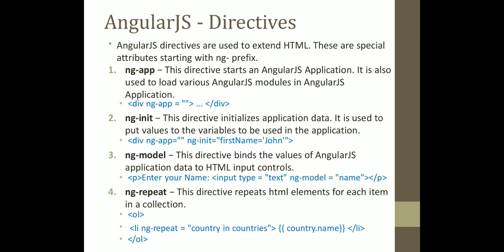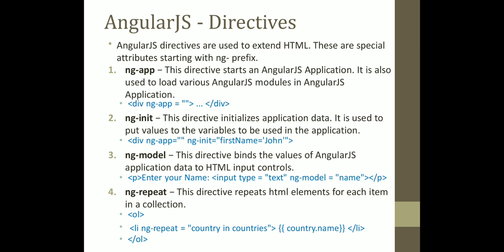So you have used the ng-model directive and provided its value as name. Then you have closed the paragraph tag. So automatically there will be a binding between the AngularJS application data as well as the HTML input.